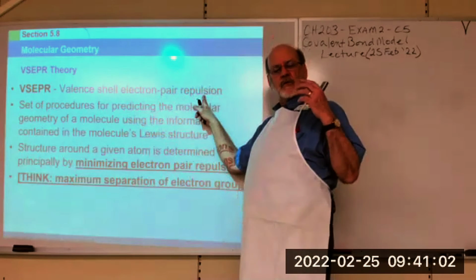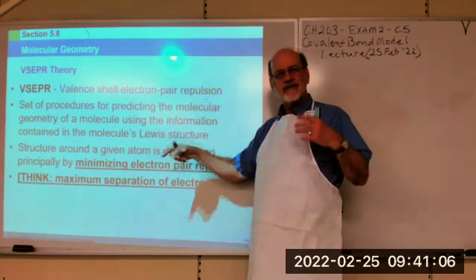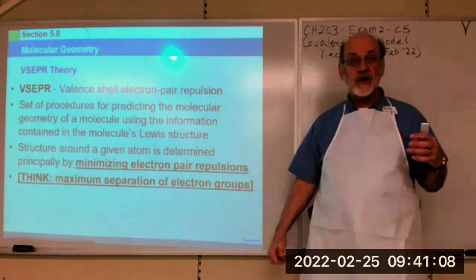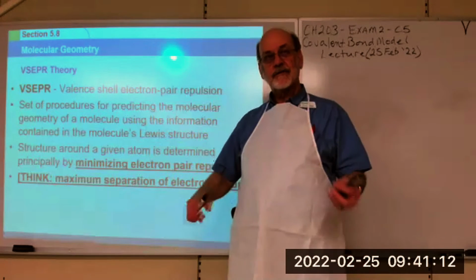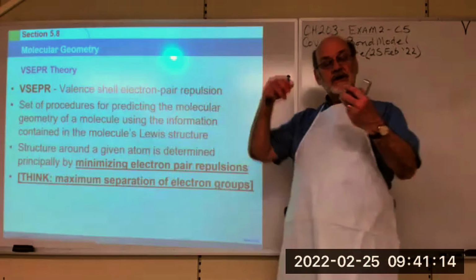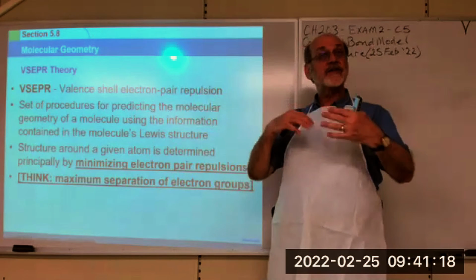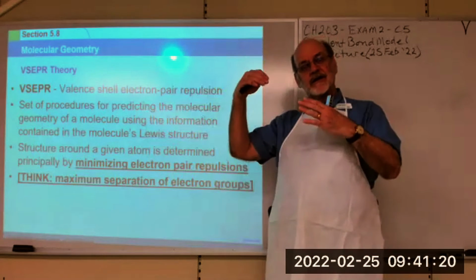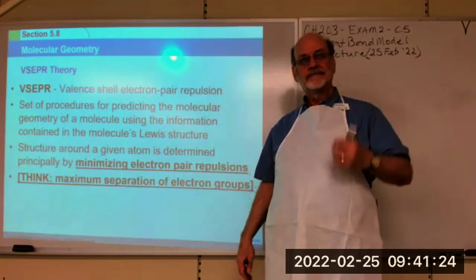And we try to minimize repulsive forces. So how do you minimize repulsive forces between like charges? You get them as far away from each other as you can. And if they're restricted to a molecule, you position them around the molecule, I would say around a central atom, so that they have minimum repulsive forces.